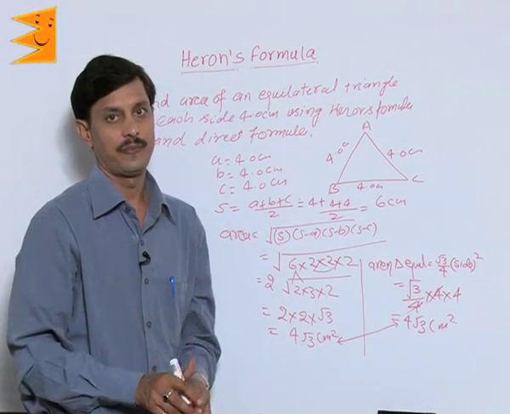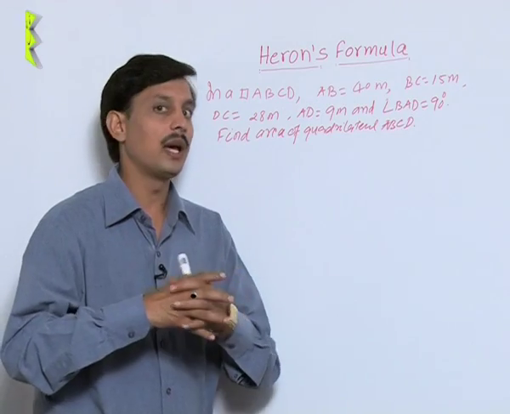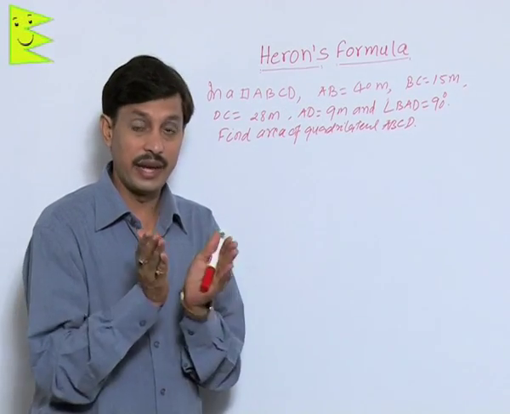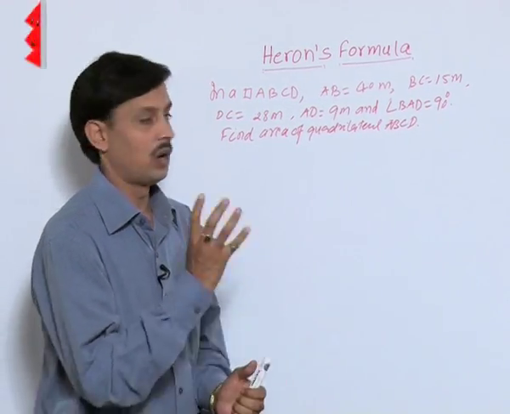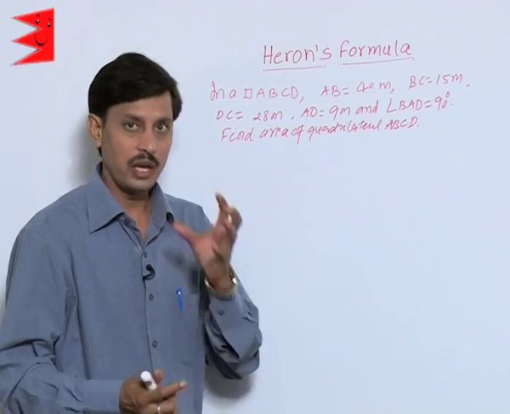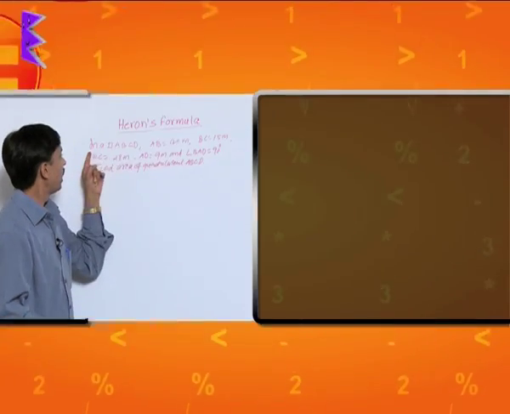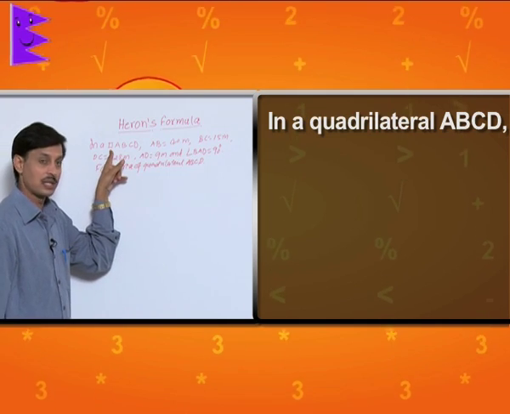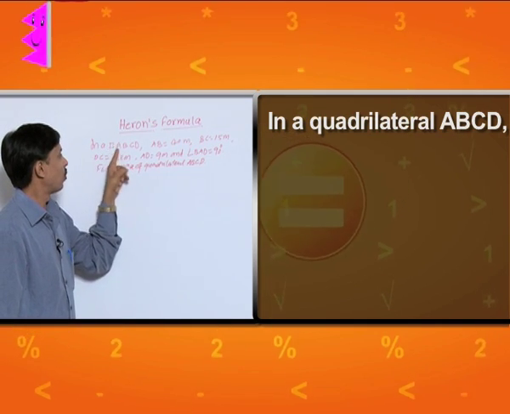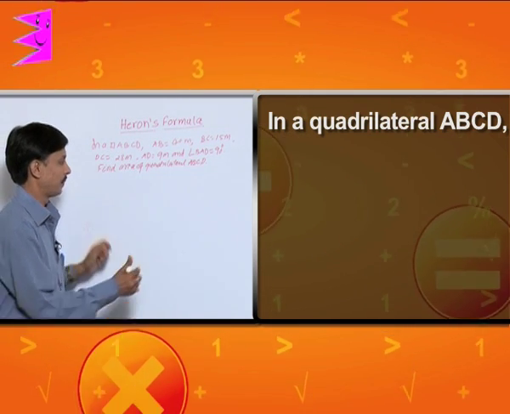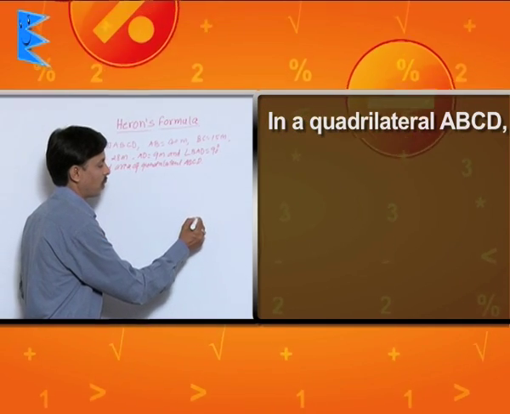Now I am taking an example where the extended application of Heron's formula is applied. In a quadrilateral, this is the symbol of quadrilateral.